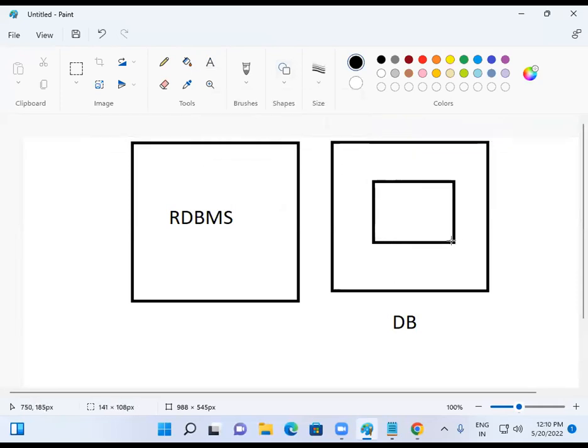In the form of tables. Suppose for example this is the database, and I'm using RDBMS software. Inside the database, you organize the data in the form of tables, meaning rows and columns like this. This is how you organize the data in databases.